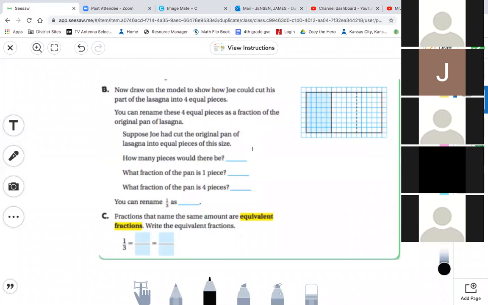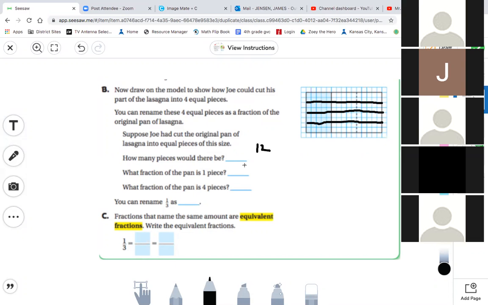Here it said split it into 4 equal pieces. So I meant to do this. And now that shows that we have 12 pieces.